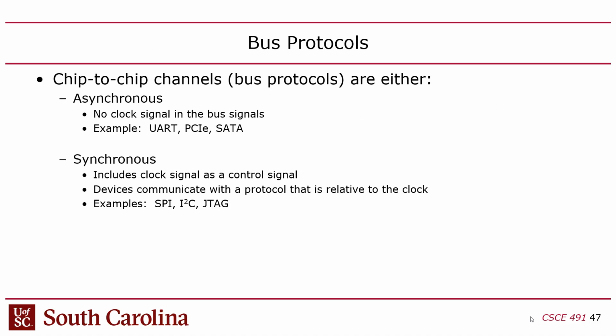Okay, so bus protocols are divided into different categories, one of which is synchronous versus asynchronous. Asynchronous is when you don't send a clock signal as part of the communication channel. Some protocols will have data and control signals and a clock signal, and that all forms the communication channel.